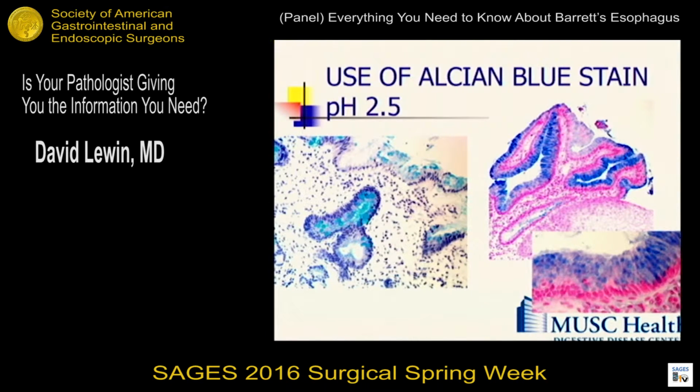we've defined it using intestinal metaplasia. Now, many studies and centers use an Alcian blue stain at a pH of 2.5 to try and highlight these goblet cells, which you can see here on the right. Many American pathologists have moved away from using Alcian blue stains, predominantly for the reason we see over here.